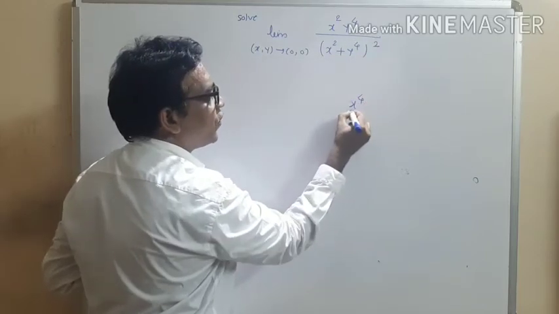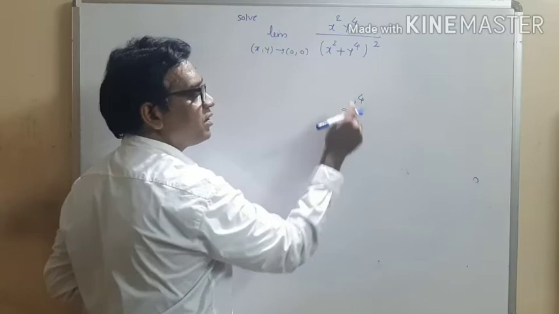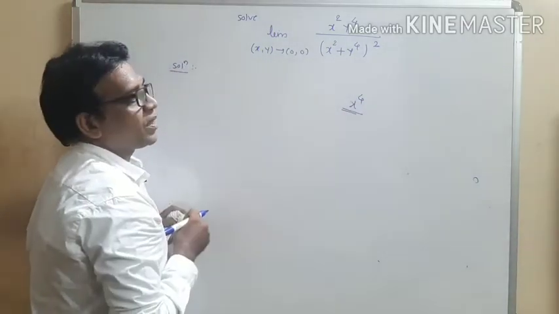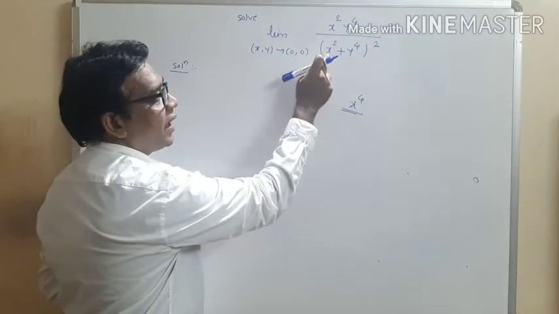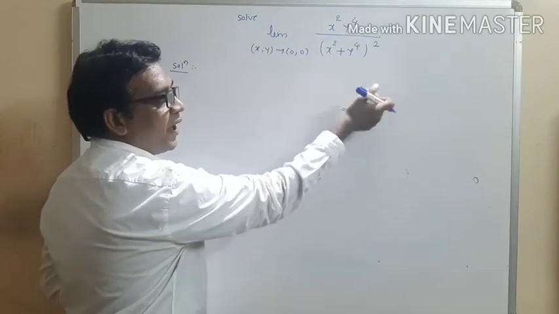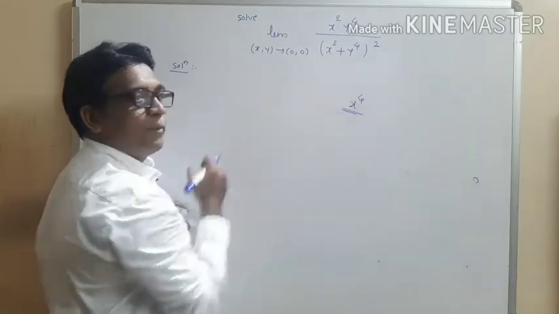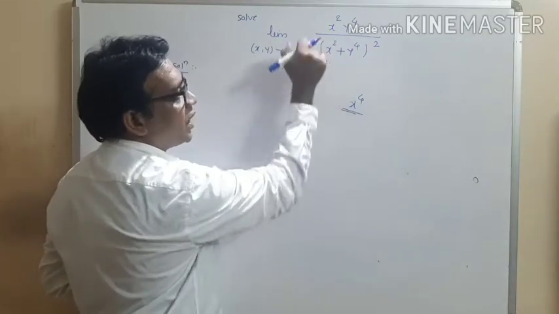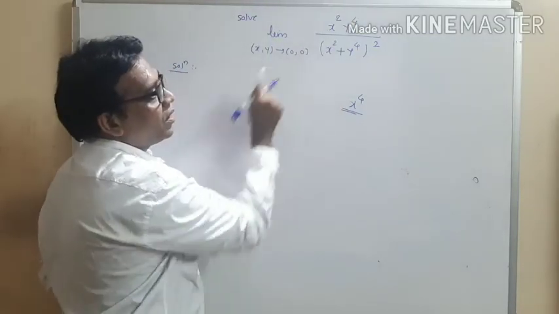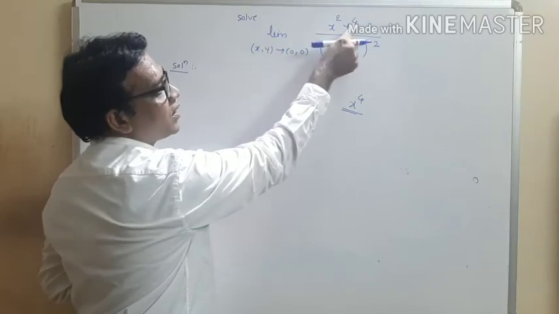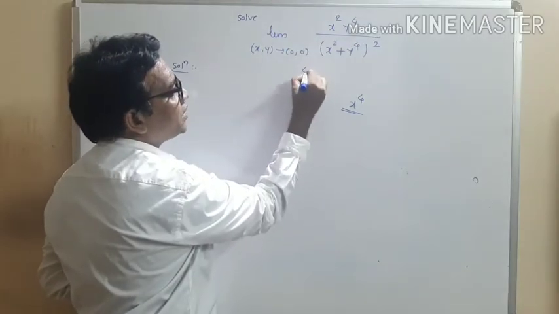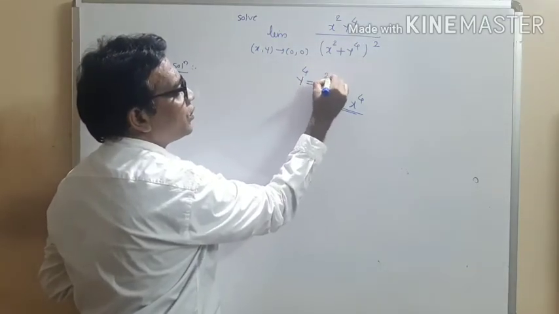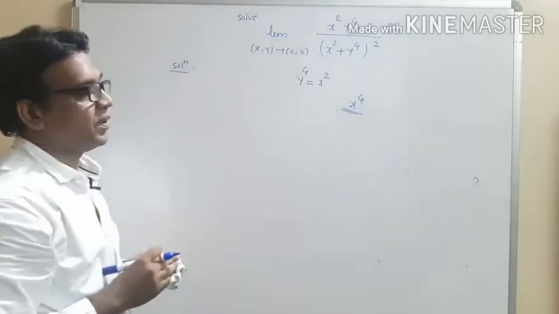So x raised to 4, this is the maximum power for x in denominator. Now adjust this x raised to 4 in numerator. Now already there is x square, that means we have to take the path y raised to 4 equal to x square.